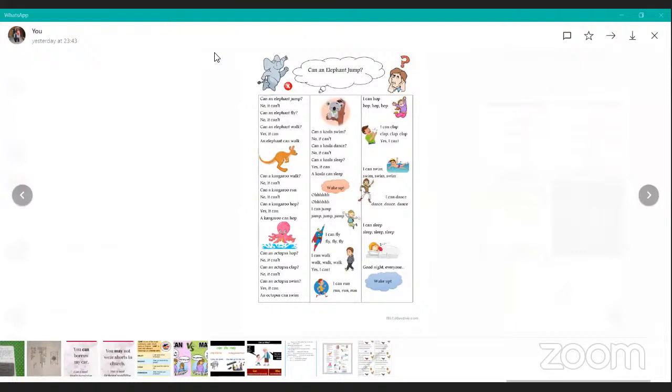Now, this may help you to understand, to write down sentences using the modal can and the negative form. Right? If you want to write them down, you may write the necessary things that you need using the modal can and the negative form can't.